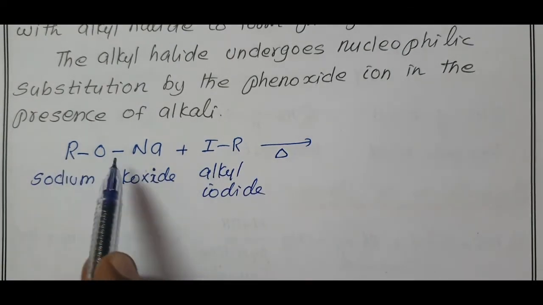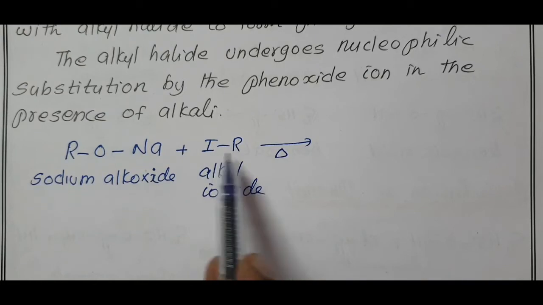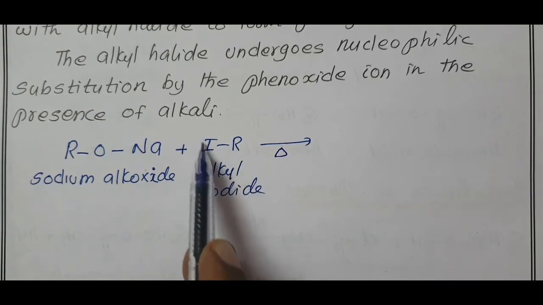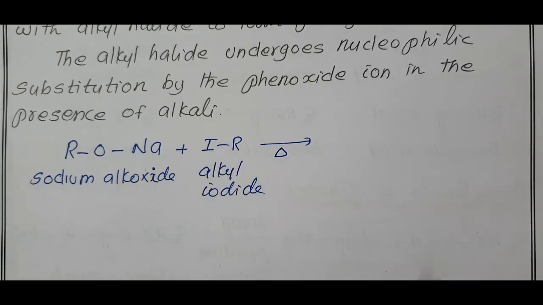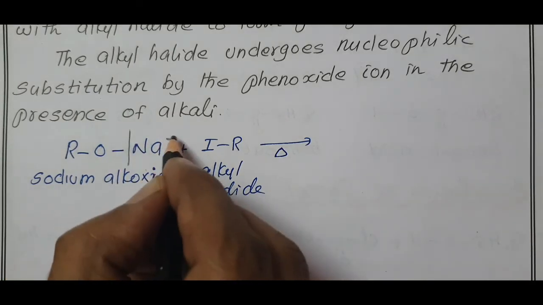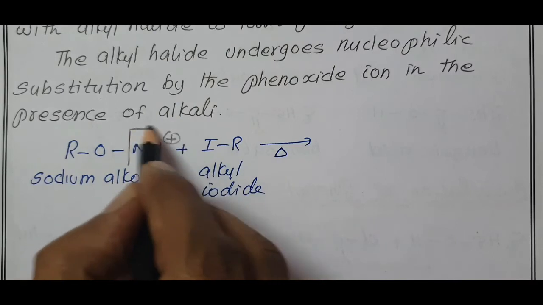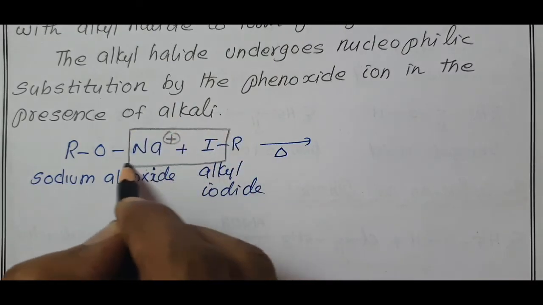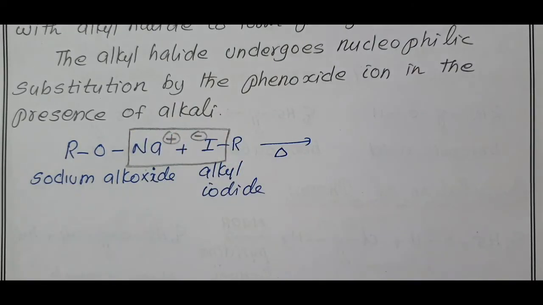Sodium alkoxide undergoes reaction with any alkyl halide. You can commonly use X. It is an example of nucleophilic substitution reaction. Na plus and I minus, commonly X minus, are removed as NaI.